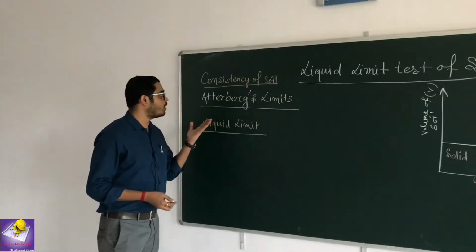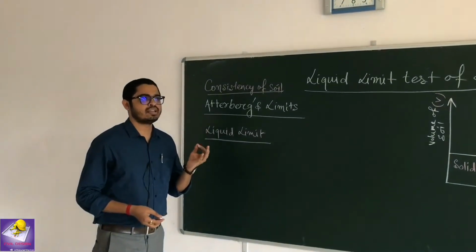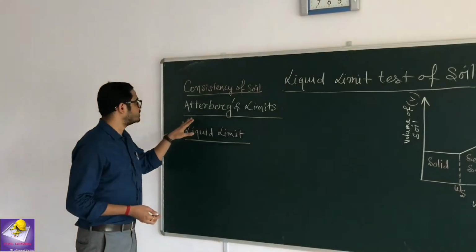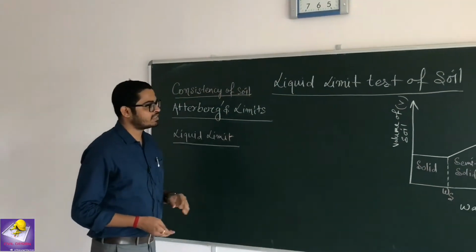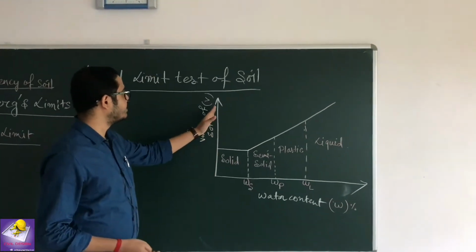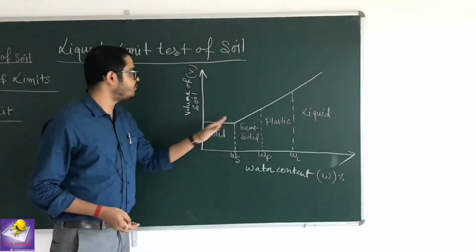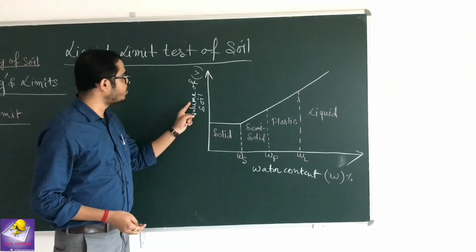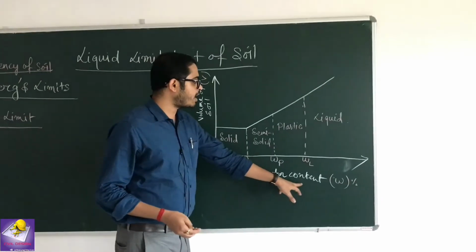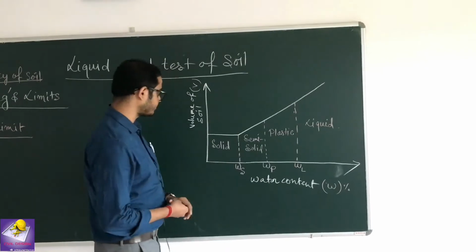Flowability means the ease with which the soil can flow. Atterberg defined some limits, and he defined a graph between the volume of soil, which depends basically on the water content of the soil.